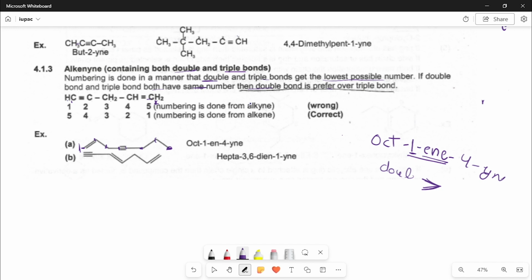And when we go on to the second molecule, 1, 2, 3, 4, 5, 6, 7. 7 means hept. Now remember, when it's a diene, oh my bad, I forgot a crucial rule. I told you that when there are two, like this, the vowel would be removed: A, E, I, O, U. If you go back to the previous lecture where I told you the primary suffix, wait, let me show.